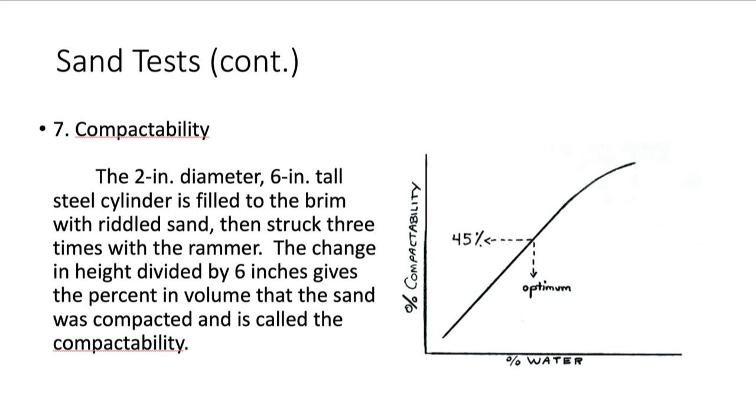So the compactability is that change in height. A higher compactability means that the sand is fluffed up more, and a lower compactability means it isn't. Usually it's proportional to the moisture content to some extent. The optimum is somewhere around 45%, but it depends a little bit on what kind of molding machine you're using.